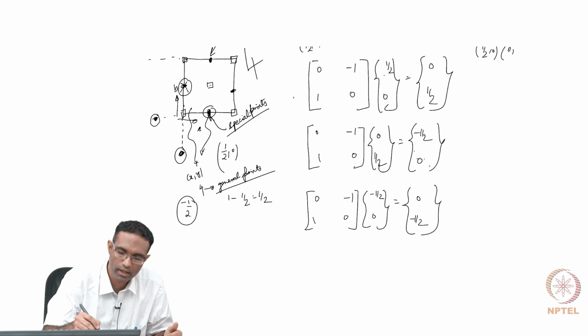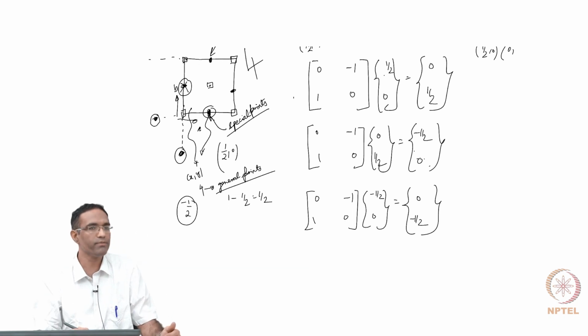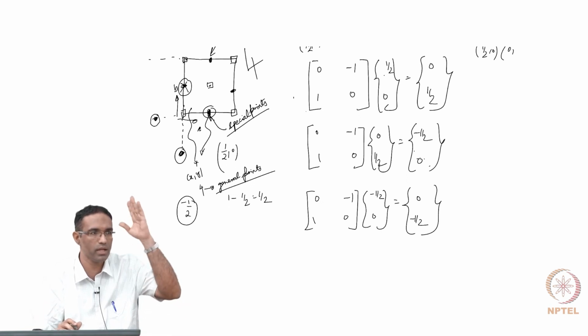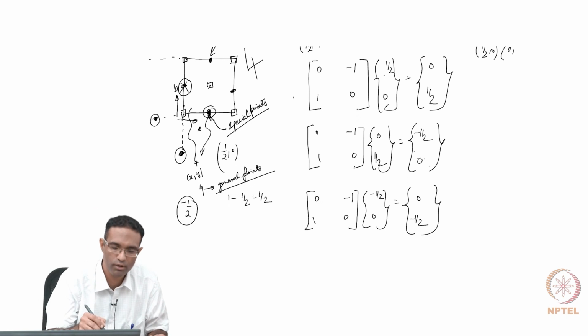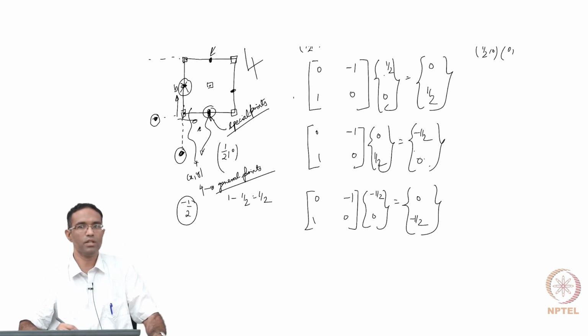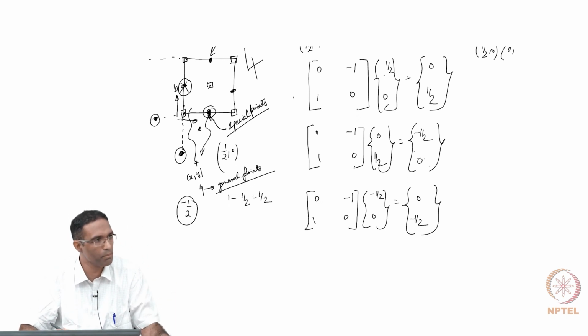When you have a point at half, half, half, if you keep applying the 0 minus 1, 1 0 transformation to it over and over again, you are going to generate the same point. Similarly, if you have a point at 0 0 0, you will keep generating the same point over and over again. You will not generate any new points.